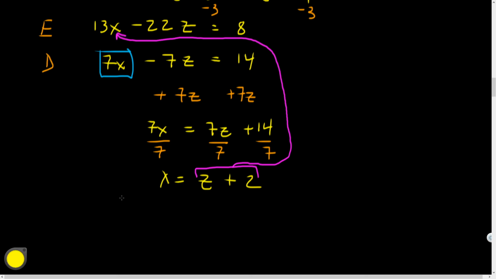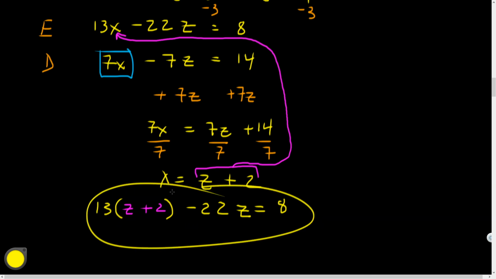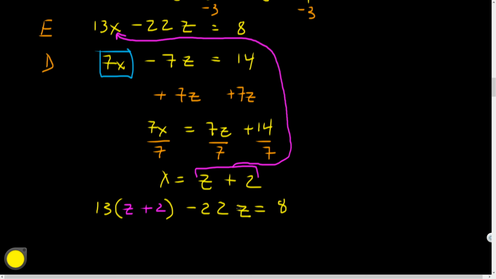and solve for z. And so 13 times what is formerly referred to as x, minus 22z equals 18. And so I've got z plus 2. All right. And so notice all of this work. Now I finally have a single equation and a single kind of variable.